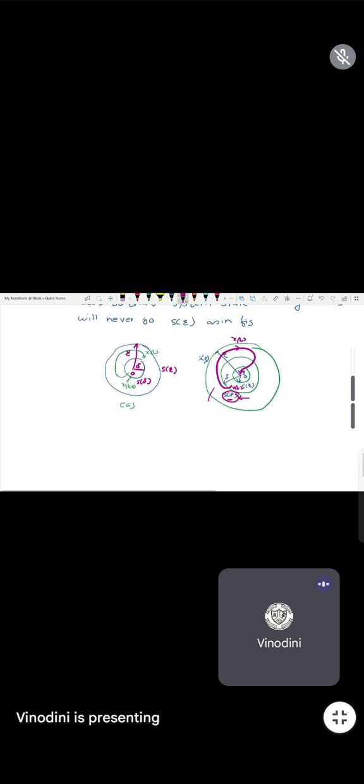So the next point is, a system is said to be locally stable. Locally stable means stable in a small region, not stable in large, stable in small.